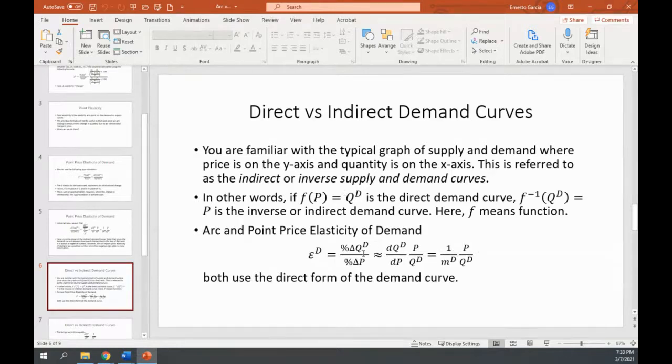However, if you look at the equation for price elasticity of demand, you'll notice that quantity demanded is in the numerator and price is in the denominator. And if you know from calculus, that means the dependent variable is up here and the independent variable is down here. So this elasticity is essentially calculated using the direct form of the demand curve.